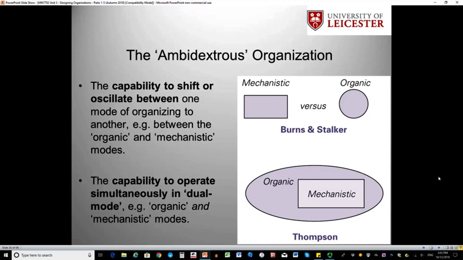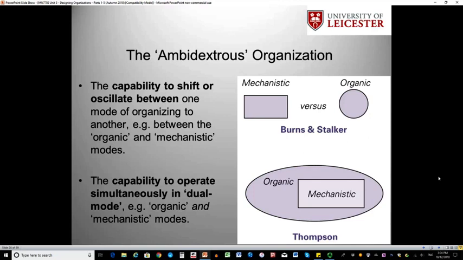So in other words, an ambidextrous organisation is one that embraces both the mechanistic and the organic mode of organisation, and it's called ambidextrous because essentially they're employing two modes of organising at the same time. Just like ambidextrous means to write, obviously, with either hand or both hands at the same time.